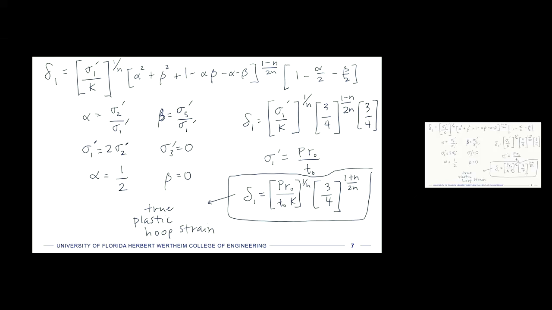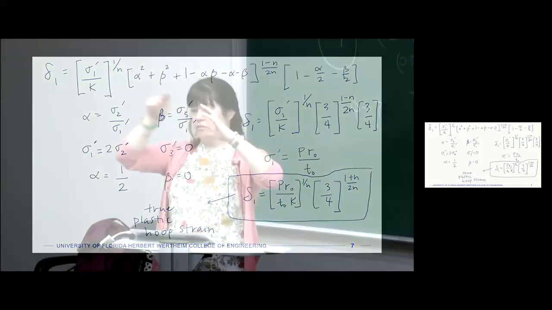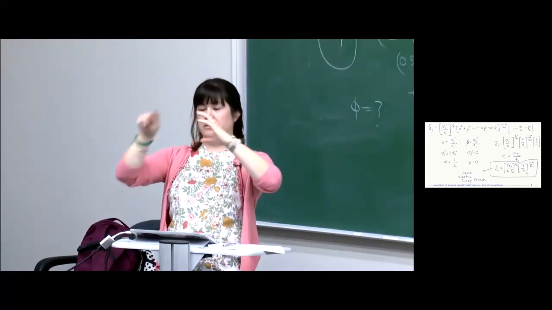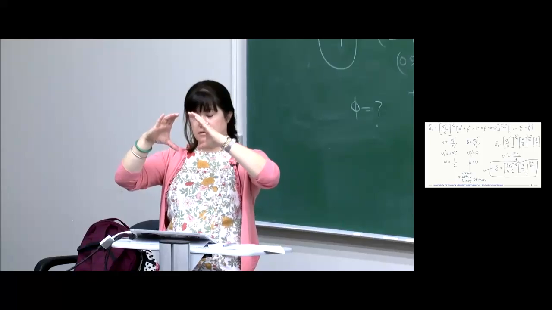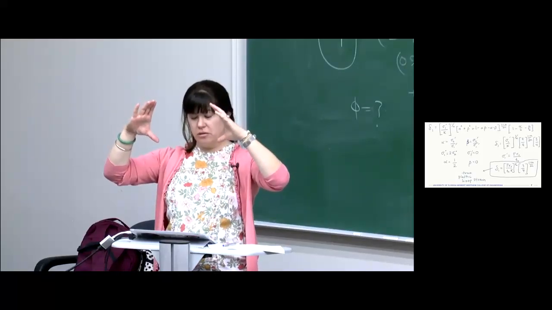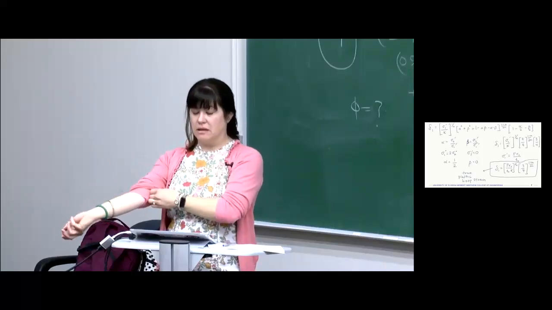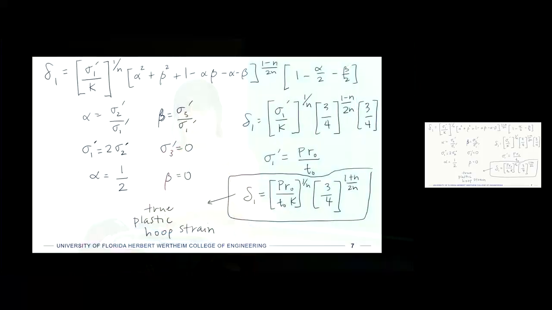And so if we go back and think about our intuition, okay, if I'm pumping up a pressure vessel, I would expect that the radius of the pressure vessel would increase the more I pressurize it, and the hoop strain, right, is going to be positive because I'm putting the hoop, the circumference of the pressure vessel, under a tensile stress, which is going to cause it to elongate. Strain is positive, and that makes sense. So this strain, I don't see any negative terms in here. So that kind of gives us a good intuition.